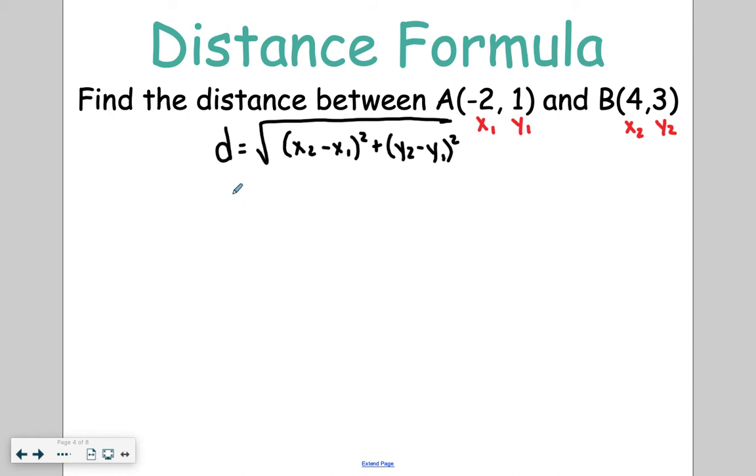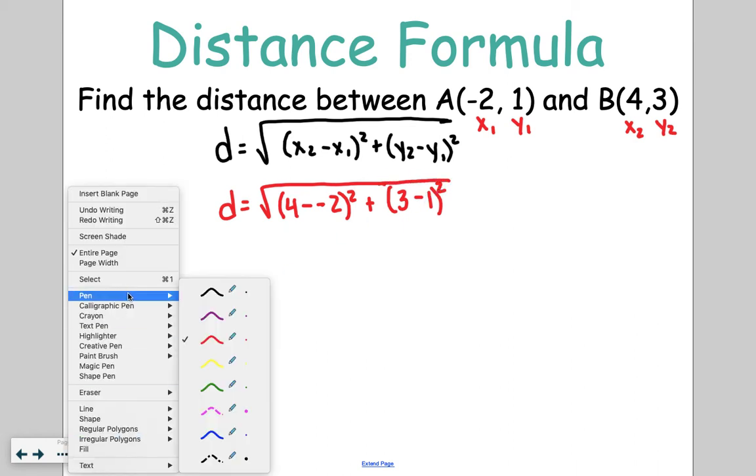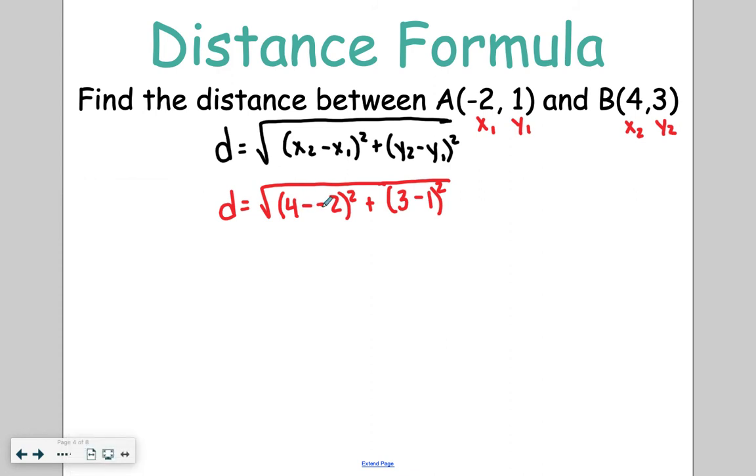So we're going to plug in that information and say distance is equal to the square root of that second x value, which in this case is 4, x2, subtract x1, which is -2, and then squared, plus y2, which is 3, minus y1, which is 1, and squaring that. Now, we all know from that first part that a negative minus a negative is a positive.